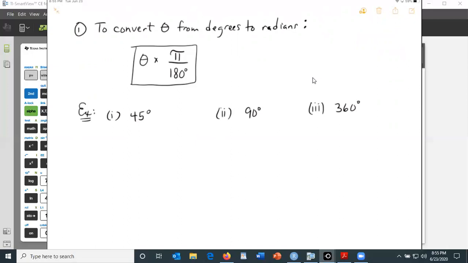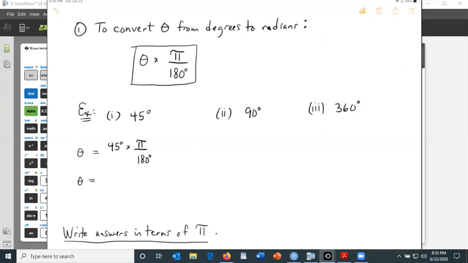Okay, so we first bring down 45 degrees, and using the formula there, we times it by pi over 180. All right, now, what we're going to do is write our answers in terms of pi. And I'll show you what that means in a minute.